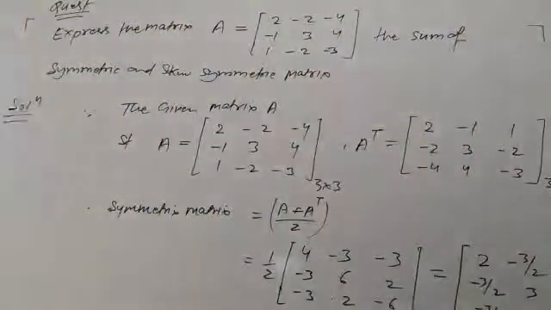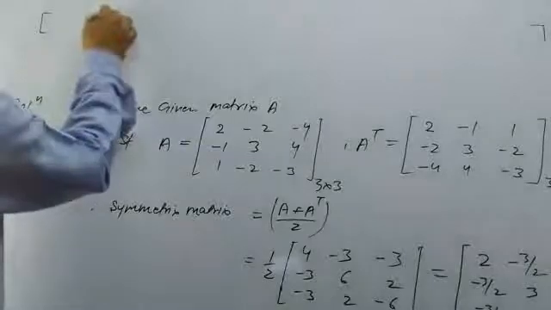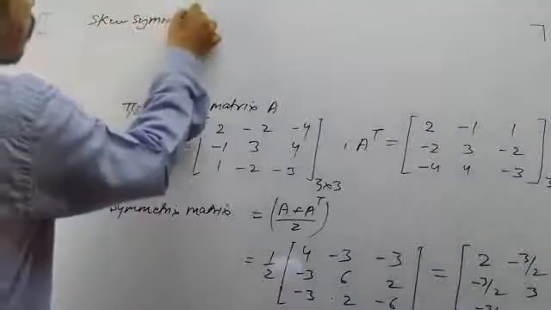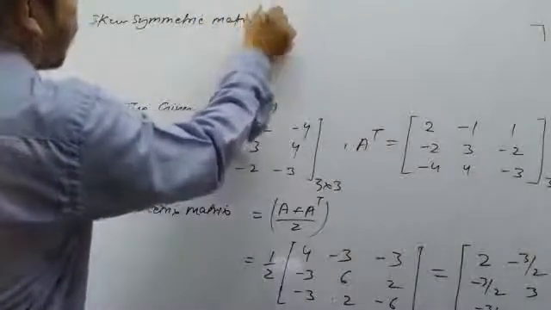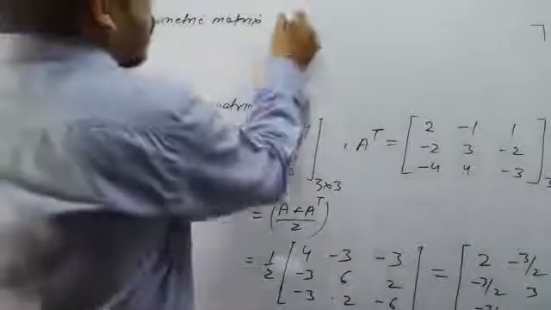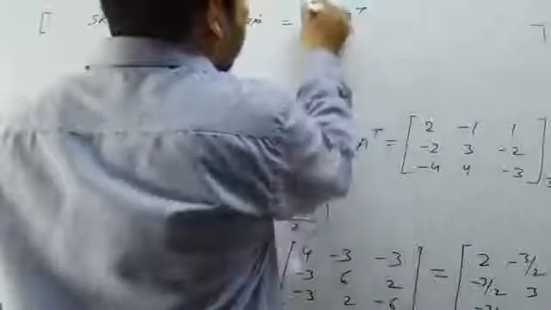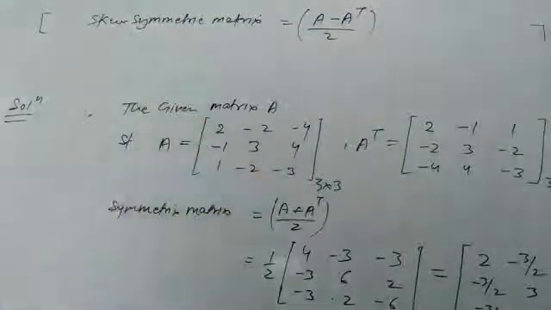This is the symmetric matrix. So the skew symmetric matrix is equal to A minus AT by 2. So put the values of A and AT.